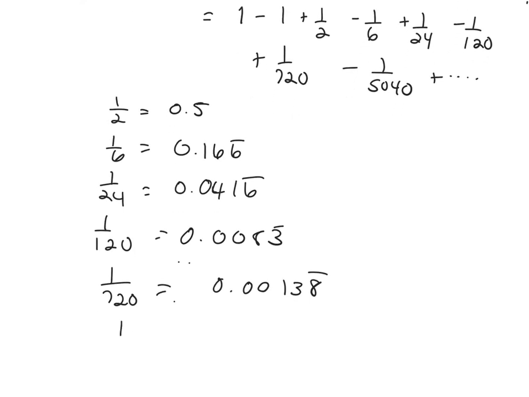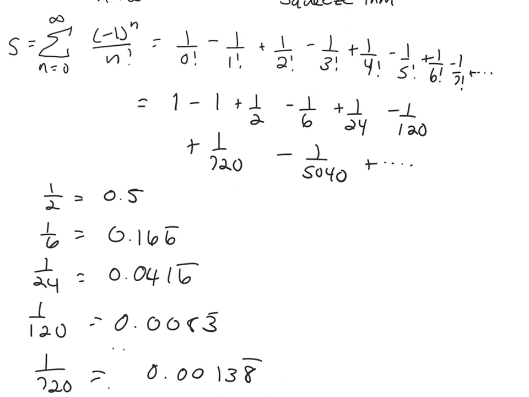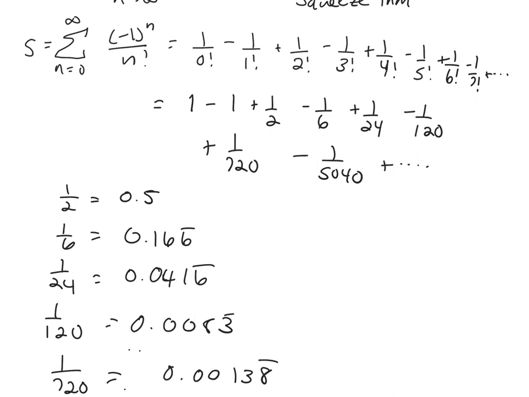So when you do the final one, 1 over 5040 that I listed, 0.000198, that's rounded. Here, this is going to guarantee that I have 3 decimal places of accuracy, because this is my error. So what I do is I go up here, and this is going to be my error that I want.